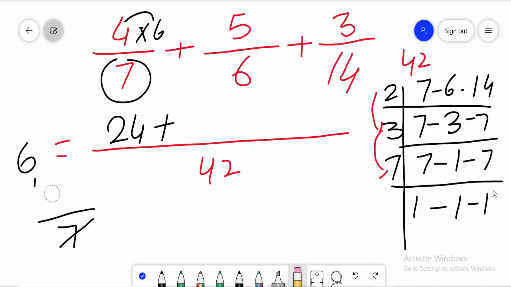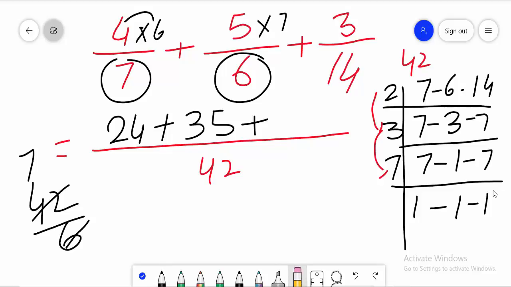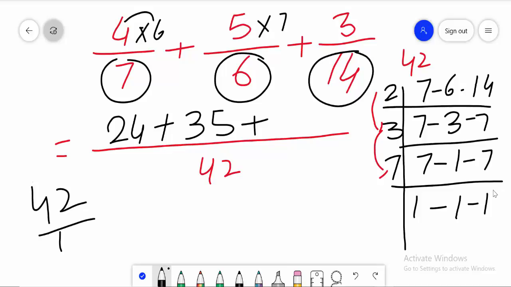Again, 42 divided by 6: 6 7s are 42, 7 is the answer, 5 7s are 35, plus sign. Again, 42 divided by 14: 14 3s are 42, so just multiply 3 over here. That would be 3 3s are 9. Clear?